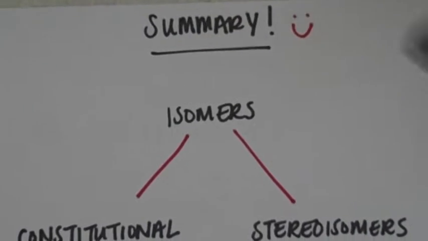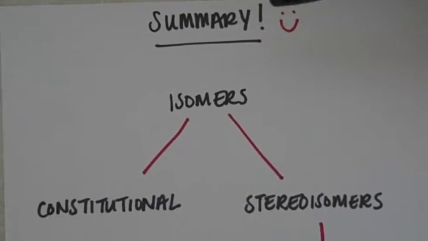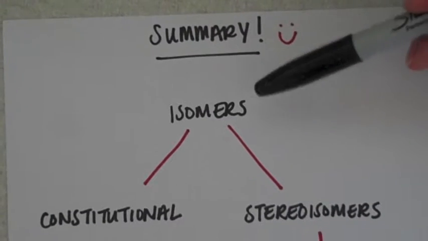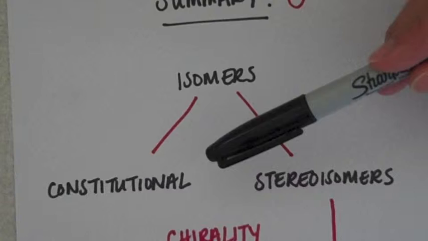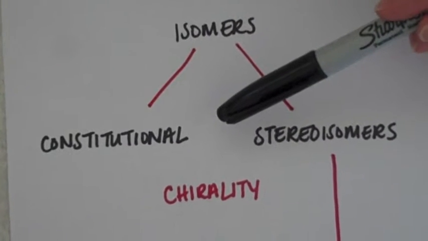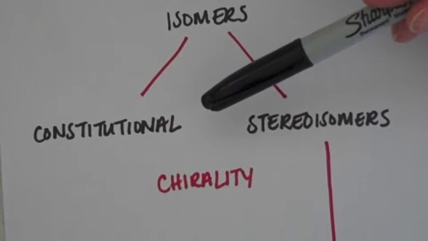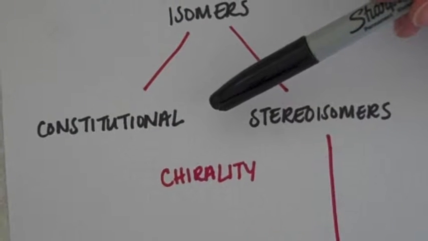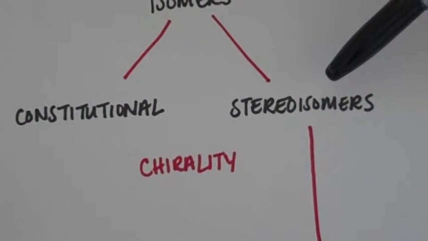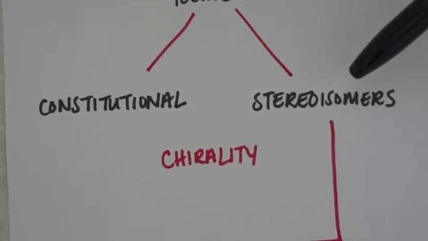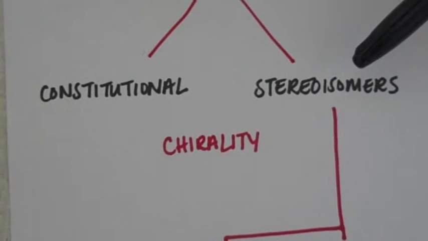A quick recap of everything learned. Isomers have 2 types: constitutional, which are molecules having the same molecular formula but different connectivity. Stereoisomers have the same molecular formula and the same connectivity but different spatial arrangements.